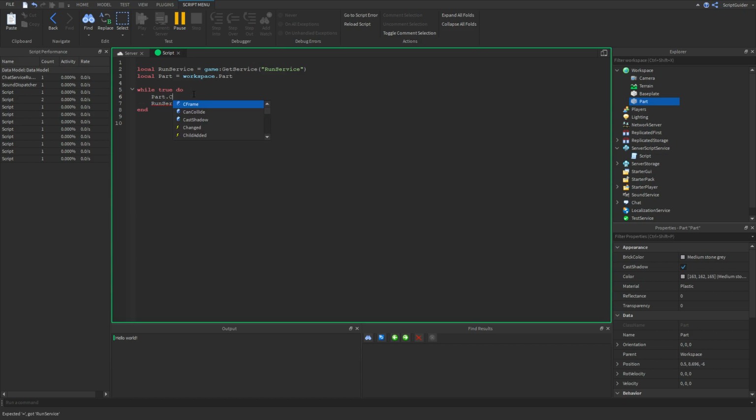So part.CFrame, part.CFrame times CFrame.new. Another thing to note here is that we're actually adding on to the part's previous property. So we're taking the part's old CFrame and we're basically changing it.